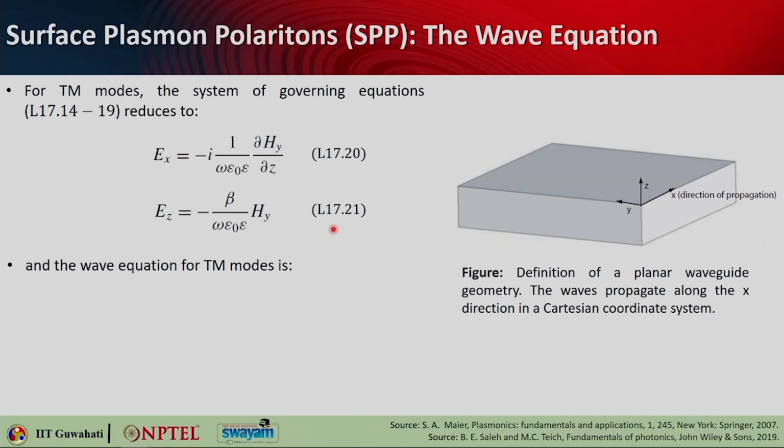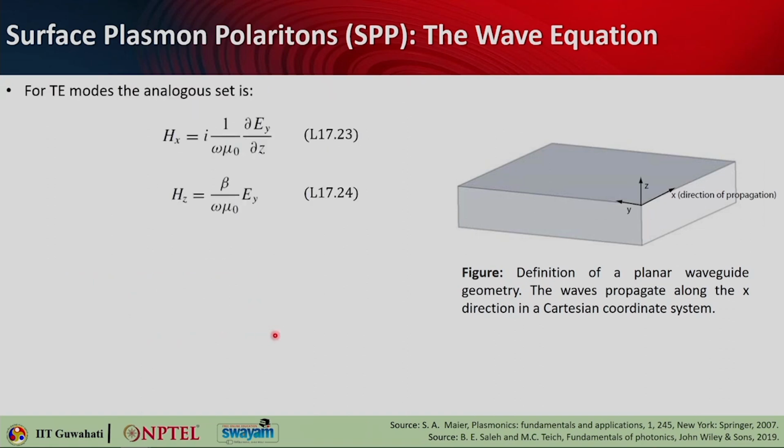That is very simple, and from this you can also find the wave equation, which was not shown previously. This is in terms of the magnetic field: the electric field was written in terms of Ez and the magnetic field is written in terms of Hy. This is how the wave equation for the TM modes looks: ∂²Hy/∂z² plus (k0² ε minus β²) times Hy equals 0.